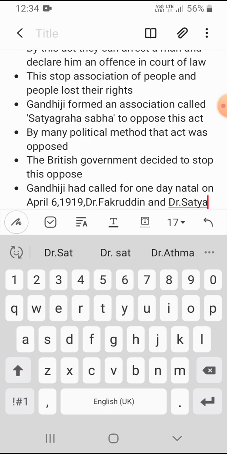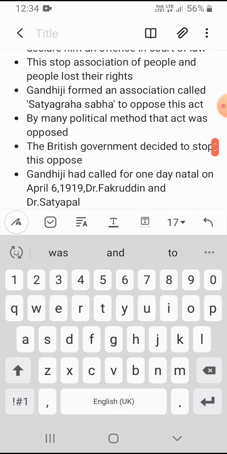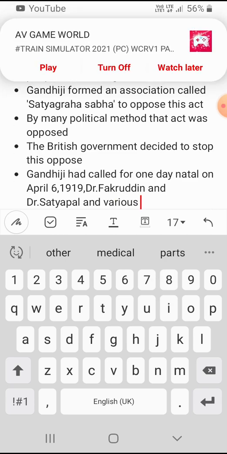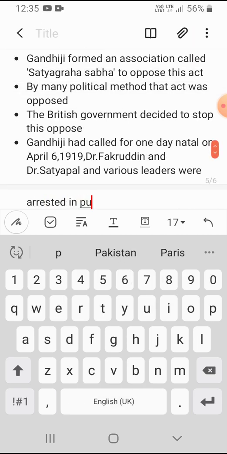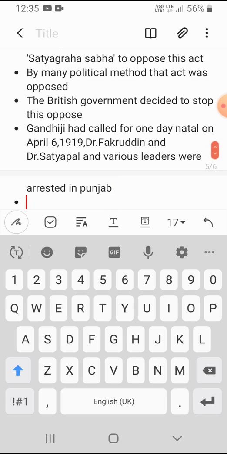Satyapal and various leaders who were opposing this Rowlatt Act were arrested in Punjab.